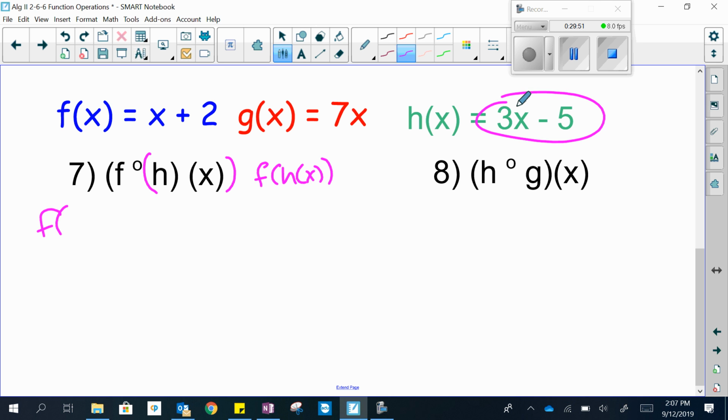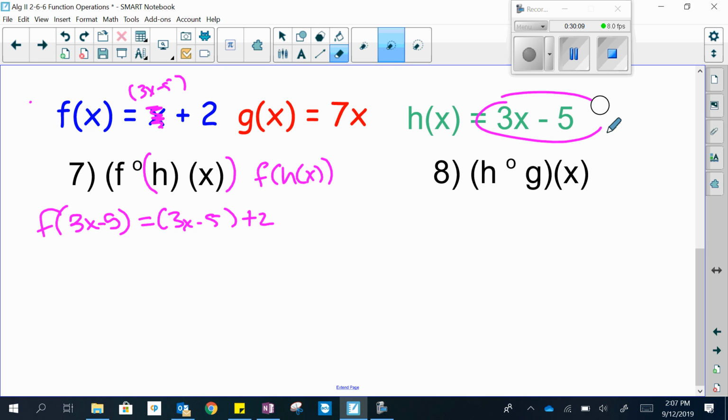Yeah, 3x minus 5. That's going to be my input value in the f function. So in the f function, I'm taking out the x and I'm putting in 3x minus 5. I can use parentheses, although they won't be necessary here. You can use them. It's like parentheses are like hugs. You can never have too many. They can't hurt, but they sure can do harm if they're not around.